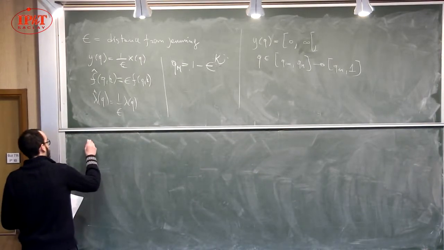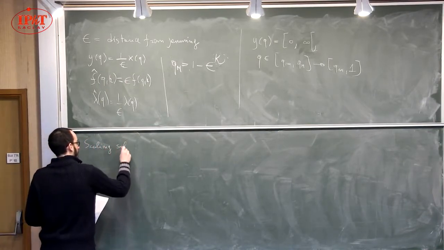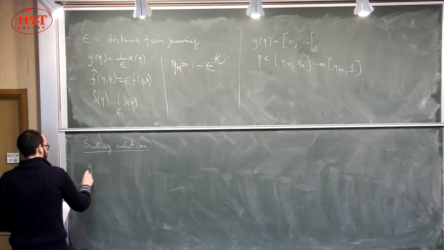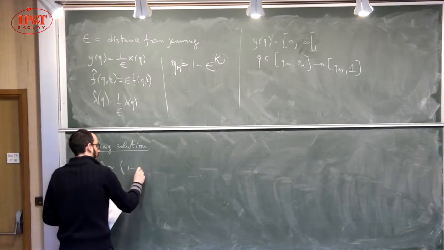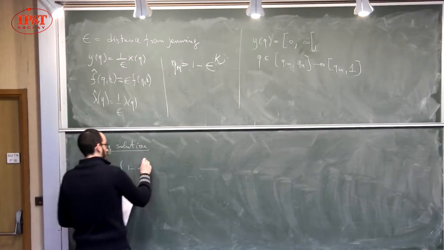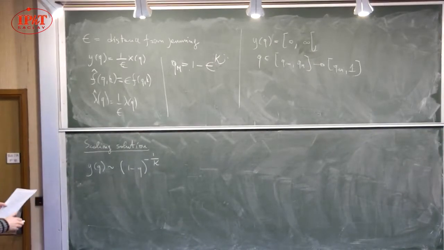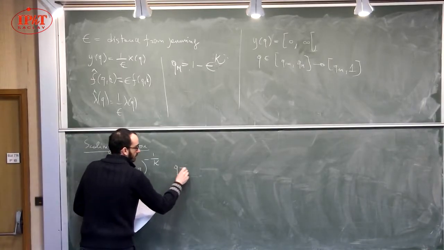So epsilon of q goes like 1 minus q to the minus 1 over k.